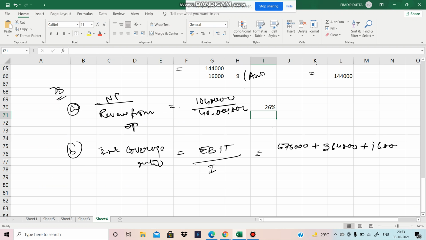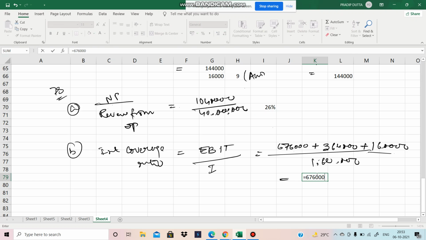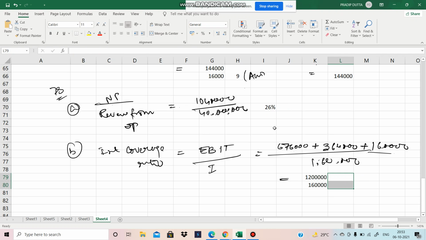So 6,76,000 plus 3,64,000 plus 1,60,000 is our EBIT, divided by 1,60,000, the value of the interest. So the answer is 7.5. Okay, so the interest coverage ratio is 7.5. I hope students are clear.